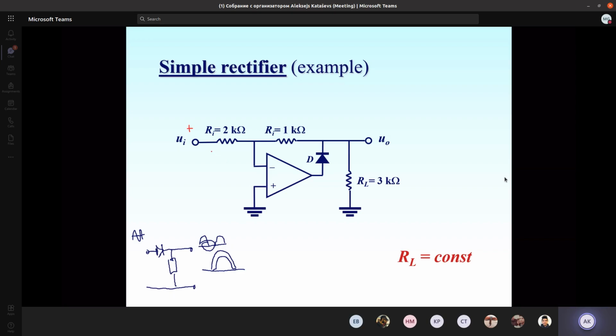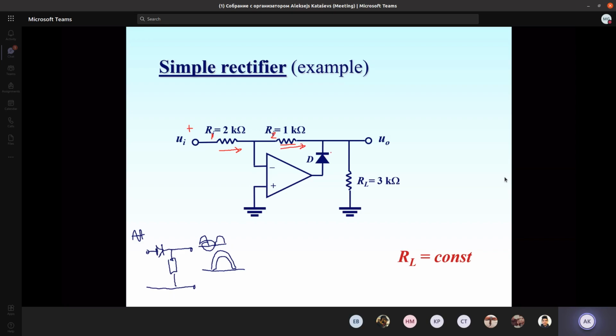The positive voltage causes the current to flow through this resistor R. They are both R, I mean R1 and R2, the input resistor and the feedback resistor.